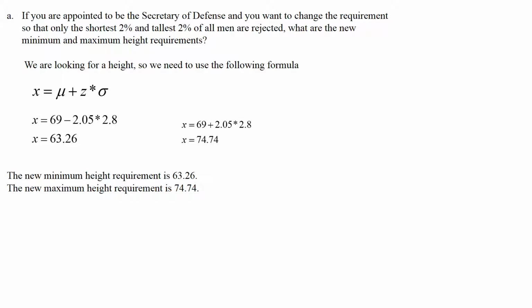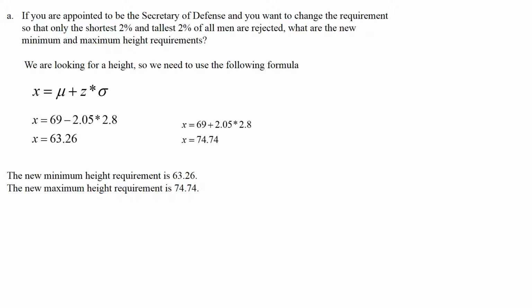The z-score corresponding to that area is negative 2.05. Now I enter the values in my formula. X equals 69 minus 2.05 times 2.8 equals 63.26.